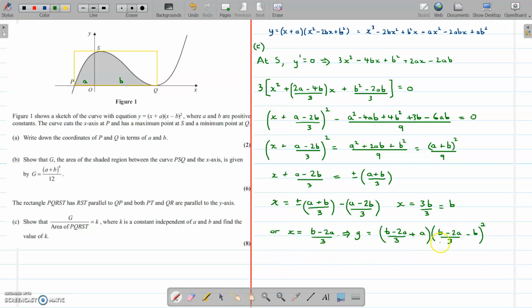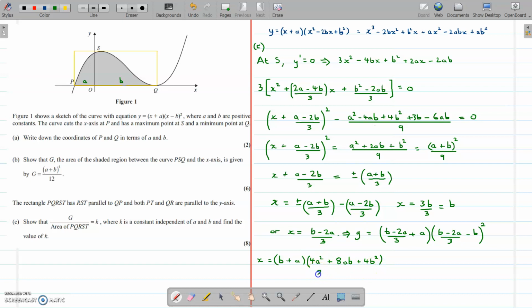But if you work that out very carefully, that expansion, you end up getting that it equals b plus a times 4a squared plus 8ab plus 4b squared, which is 4 lots of a plus b squared, and all of that comes over 27.